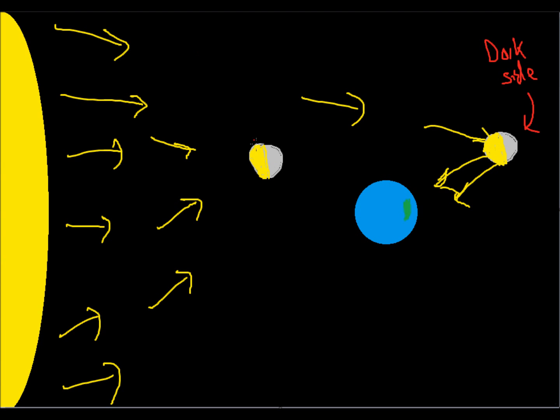So the moon is still having light shone on it by the sun, but none of that light is visible from Earth. It is not reflecting back to Earth. All we can see from Earth is, well, we can't see it because there's no light being reflected on it.